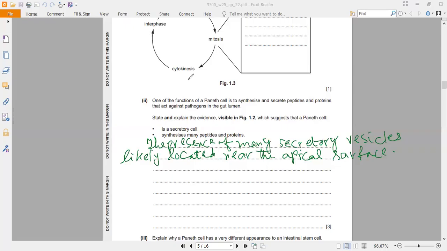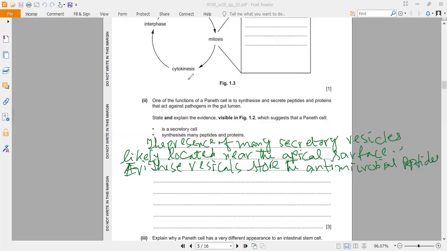So evidence: these vesicles store the antimicrobial peptides and proteins before they are released. So this is one of them.